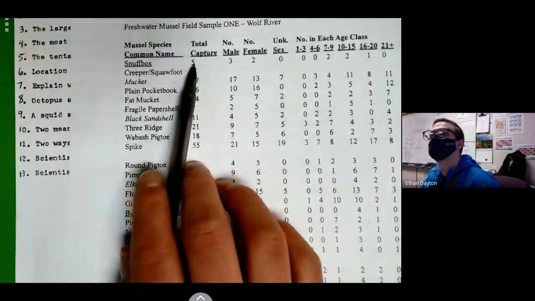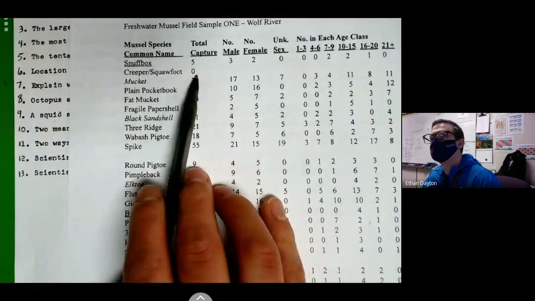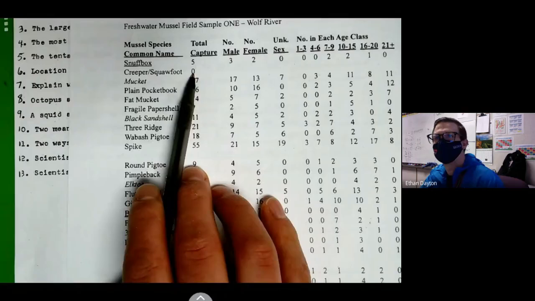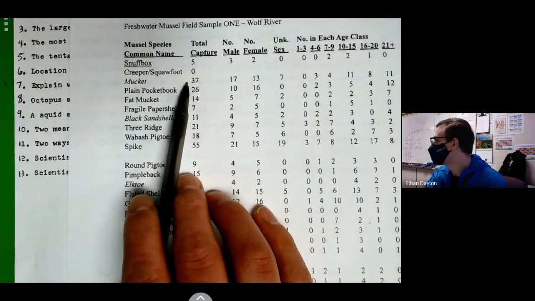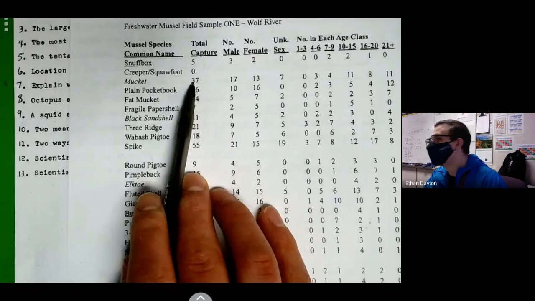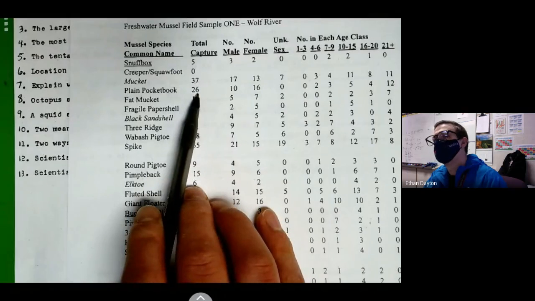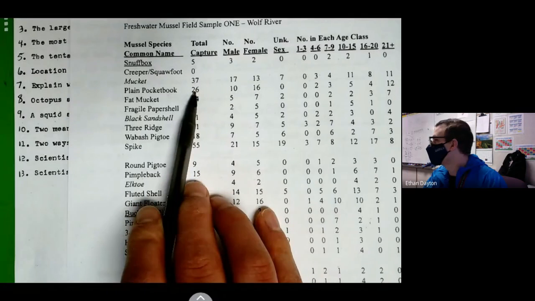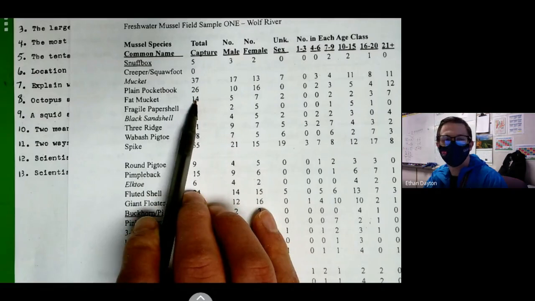Ready? We're starting with 5 snuff box, 0 creeper / squawfoot. So 5 plus 0 is 5. How about 5 plus 37? 42. Good. 42 plus 26. 68. Good. 68 plus 14.